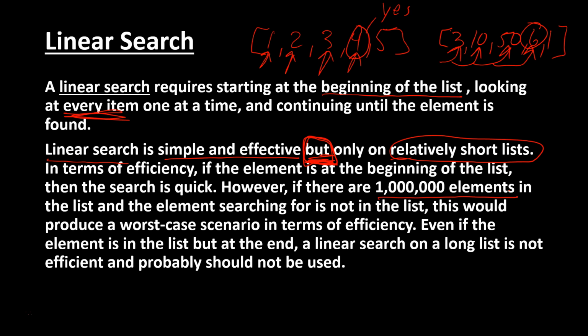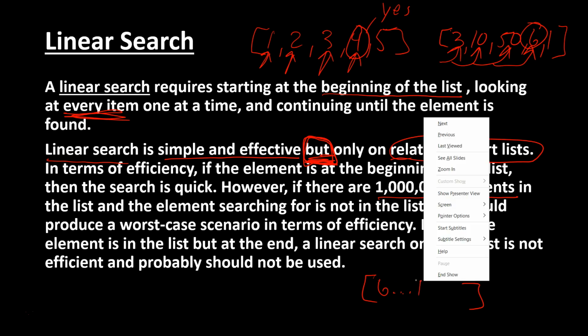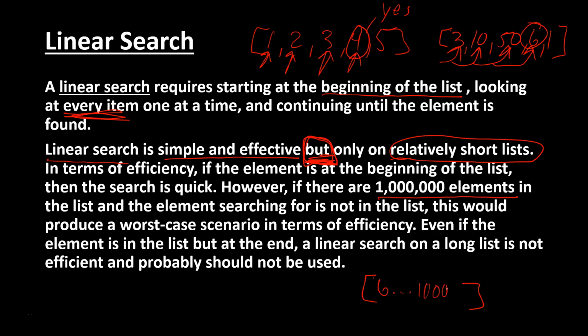Okay, so you're looking for the number 1, and you have 1,000,000 elements. You have no idea where that number 1 is going to be. If you're lucky, if you're using linear search, so you might have 6, then a bunch of other ones, and then you got 1,000, and then maybe like a 9, and maybe a 1 here, whatever.